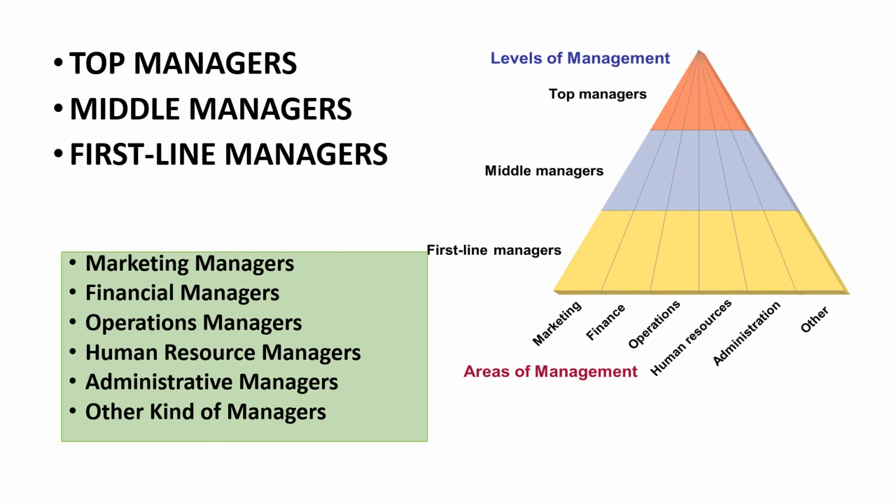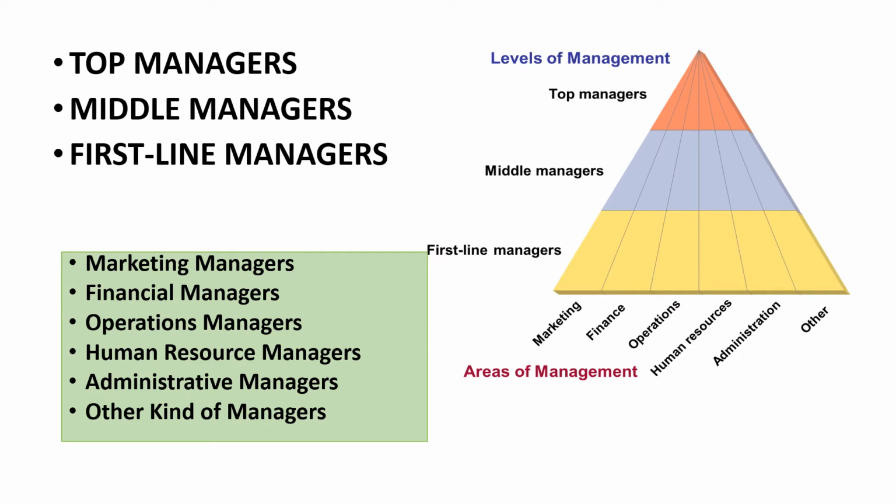We have the financial managers, who primarily deal with an organization's financial resources. We have the operations managers. They are concerned with creating and managing the systems that create the organization's products and services. We also have the human resource managers.